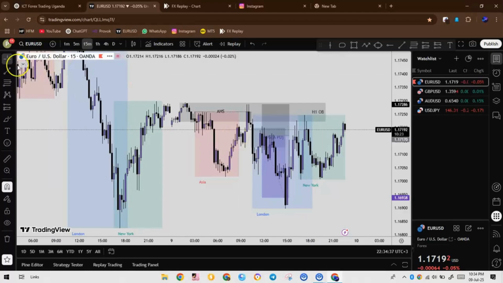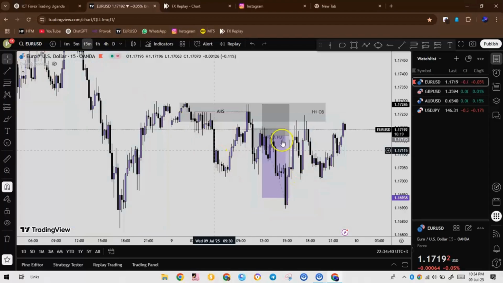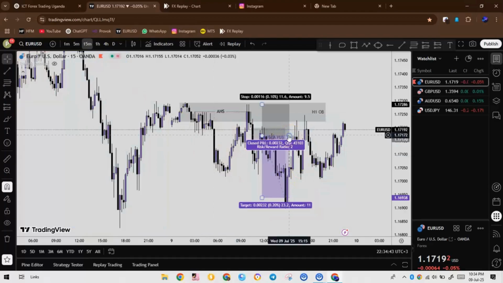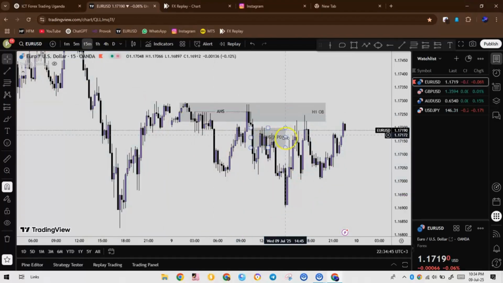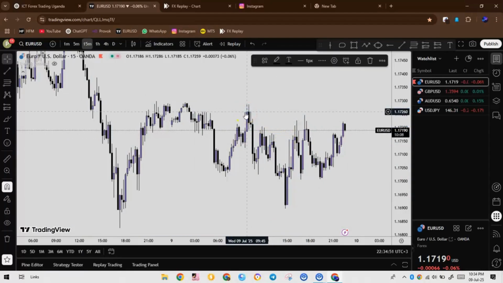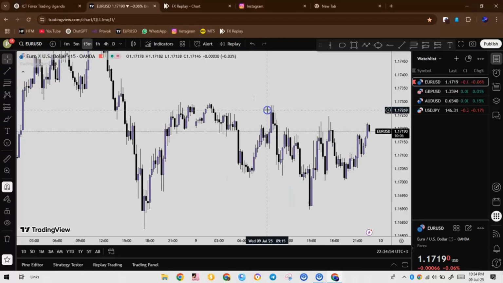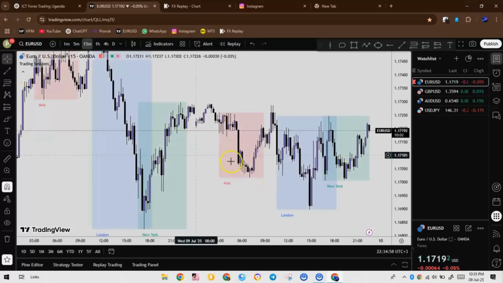Let me first remove the sessions, and remove this and that. Yeah, so this is how it looked today morning.